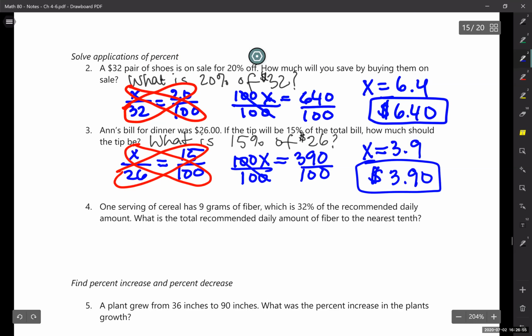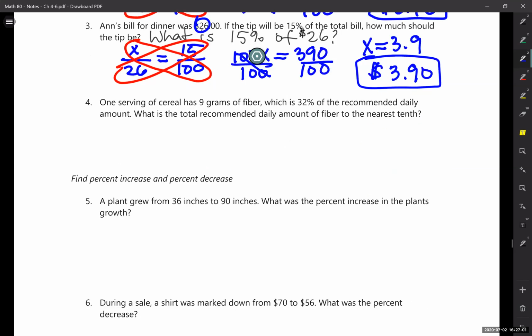Now we know the percent is 9. What's the total? What's the bigger number? So what I'm going to say is 9 is 32%, because it says 9 is 32% of what number? Because that is what we're trying to find, that total number.